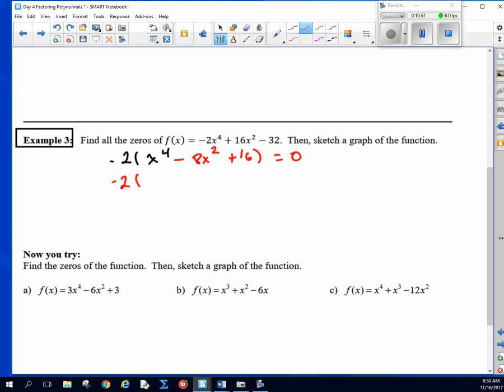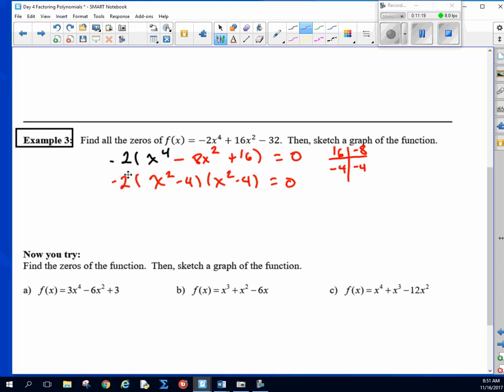And I'm going to factor this middle part as if it was a quadratic. So what multiplies to be 16 and adds to be negative 8? Well, that's negative 4 and negative 4. So this becomes (x squared minus 4) times (x squared minus 4). And this is equal to 0.